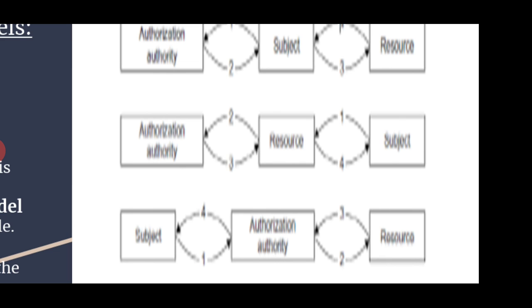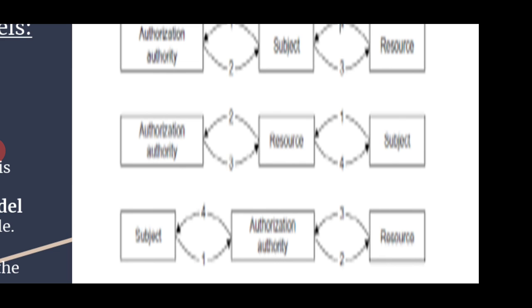Listen carefully: the subject checks with the authority at step 1, and the authority makes decisions on access to the requested resources. So the authorization process is complete at steps 3 and 4.